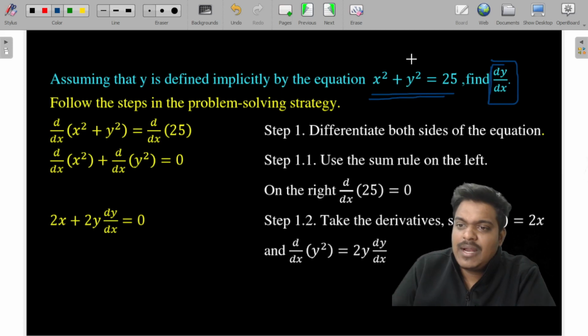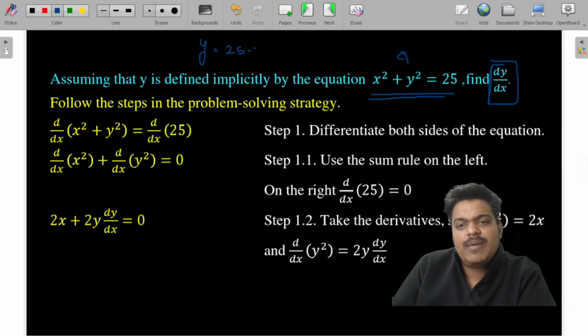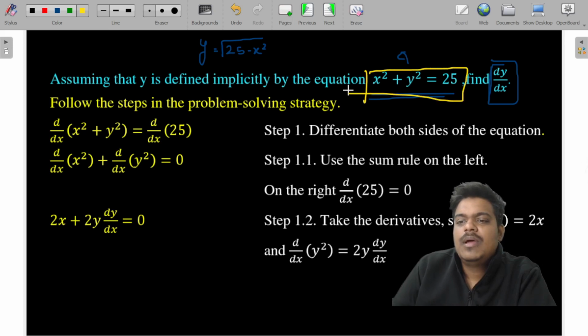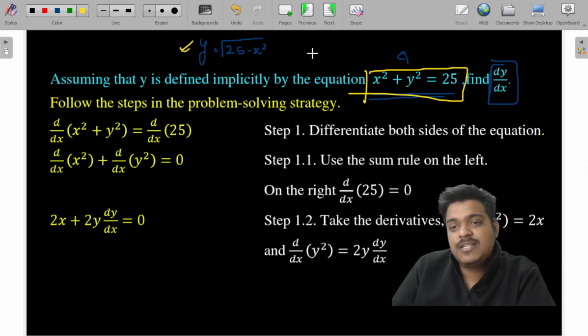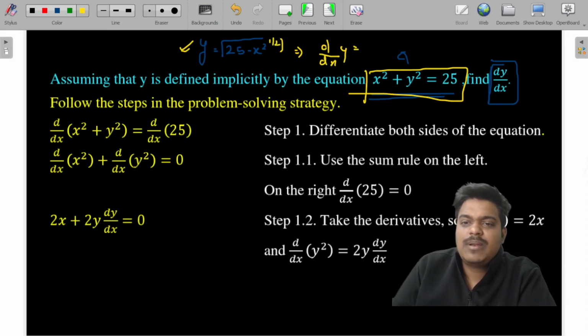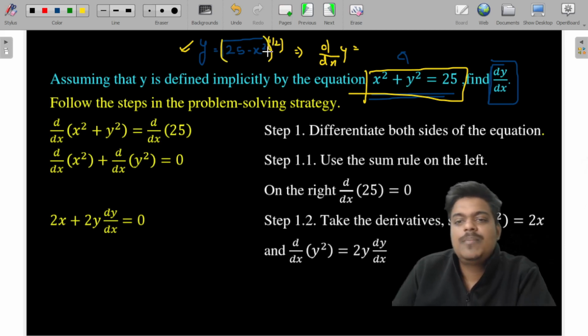Now let us try our usual approach. So y will be equal to the square root of 25 minus x square. Now this is an implicit function in this form, and this is the explicit form, but if you try to differentiate d by dx of y, this will be a very difficult thing. You can write 25 minus x square to the power 1 by 2.